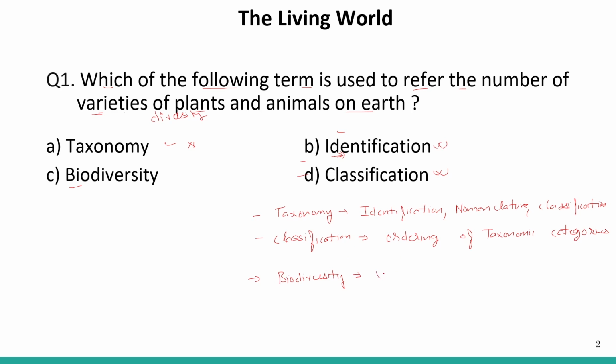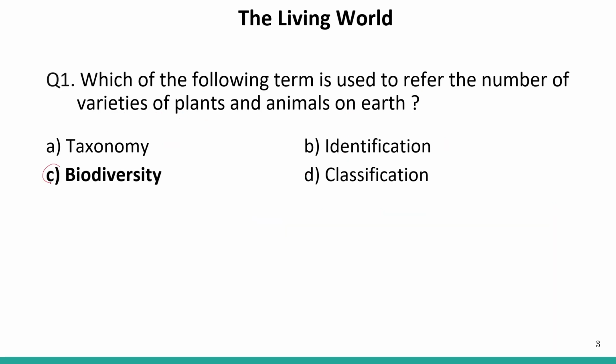Simply, it is the various life forms present, or you can say the variety of life forms present on Earth. This is known as biodiversity. Okay, so what should be the correct answer now? Option C is the correct answer. Biodiversity refers to the number of varieties of plants and animals on Earth.